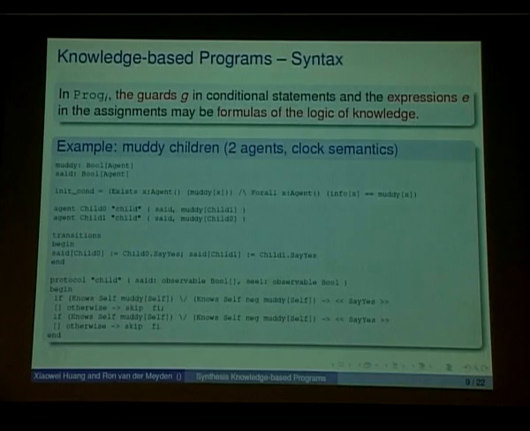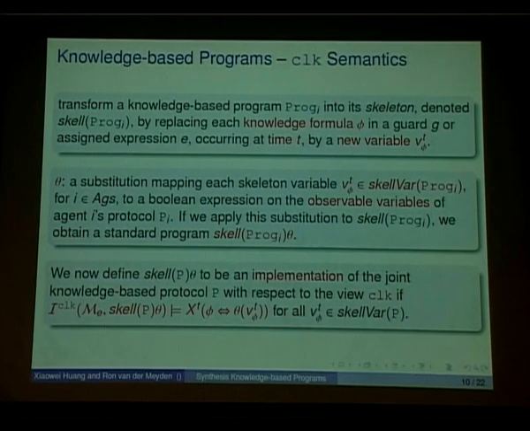So what we are doing in this paper is that we develop an algorithm to transform this knowledge-based program into the previous standard program. Now let's see how we can do this. First of all, for the clock semantics, we first transform this knowledge-based program by replacing all the knowledge formulas occurring at time t with a Boolean variable e_t.